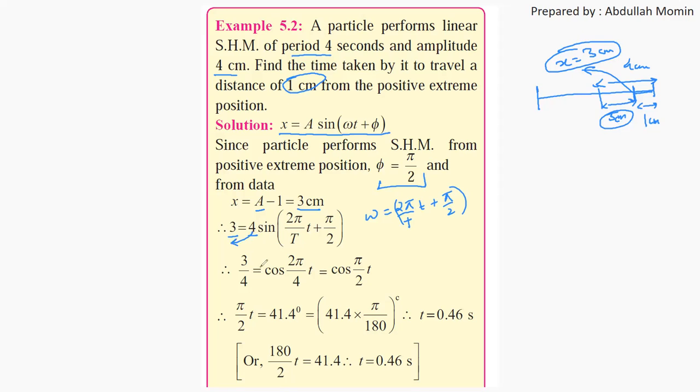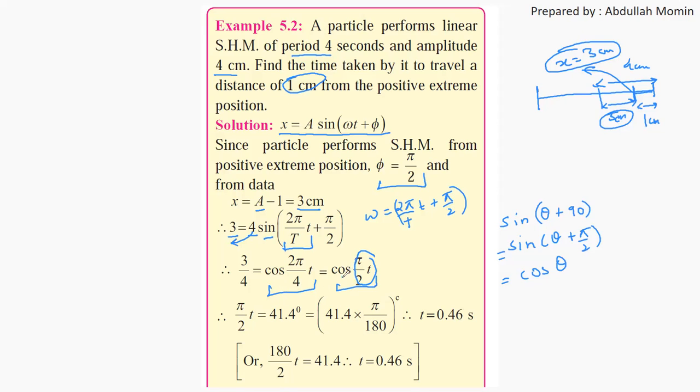So this 4 goes to the other side, and it becomes 3 by 4 equals sine theta plus 90, and sine theta plus 90, that means sine theta plus pi by 2, is equal to cos theta. So 2 pi by T, that is the value of capital T. When you solve it, you will get this value, and cos theta is 3 by 4.